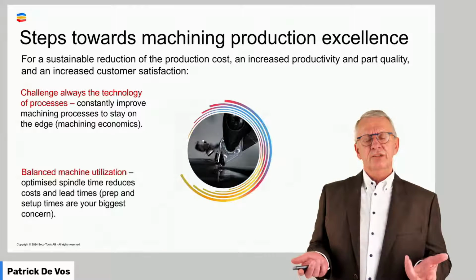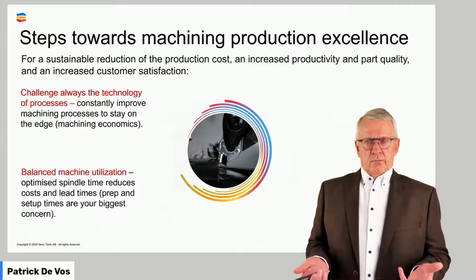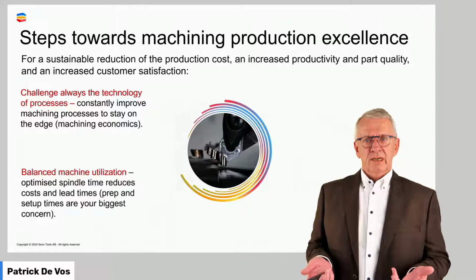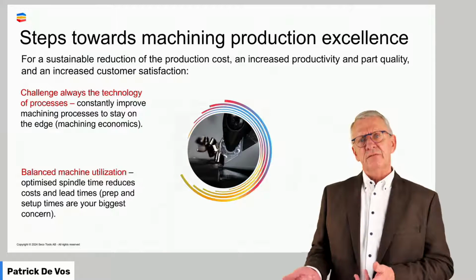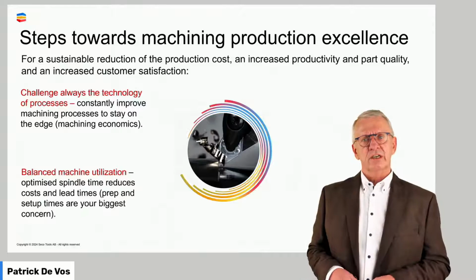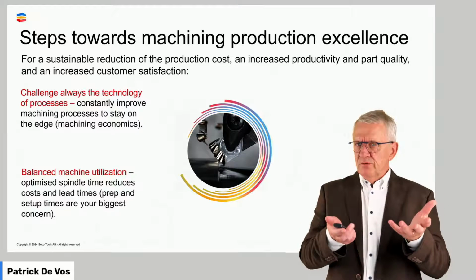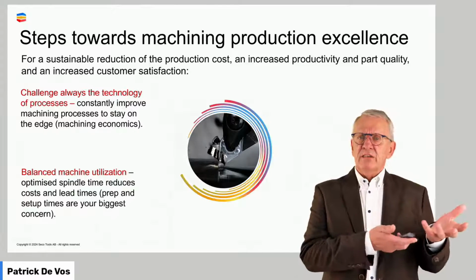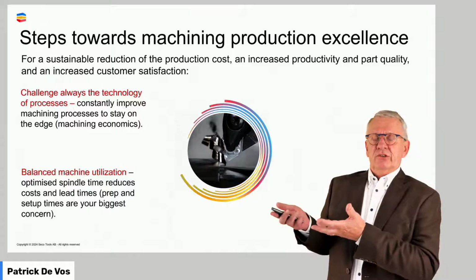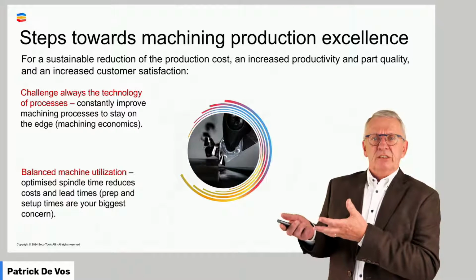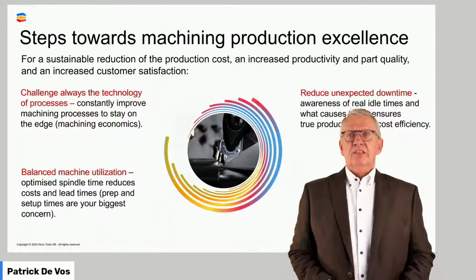It's also about balancing how you use your machines. Machines should be running as much as possible. That's what we call efficiency. On the other hand, seeing the variability in such a situation, you need spare capacity, and you will have to find a balance there. How far do I go with my efficiency, keeping a certain amount of capacity free for unexpected events?